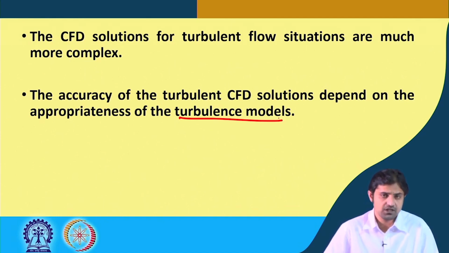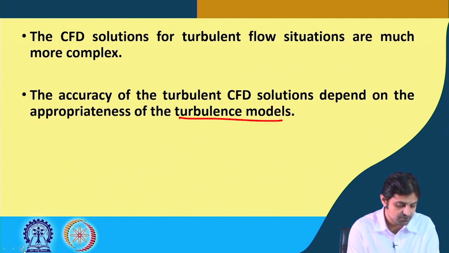Large eddy simulation is second best in terms of accuracy, but cost wise it is also very high, of course less than direct numerical simulation. Whereas the Reynolds averaged Navier-Stokes equation has lesser accuracy than the above two, but its computation time is far less than what these two types of models in CFD take. But we will come to those later as well.